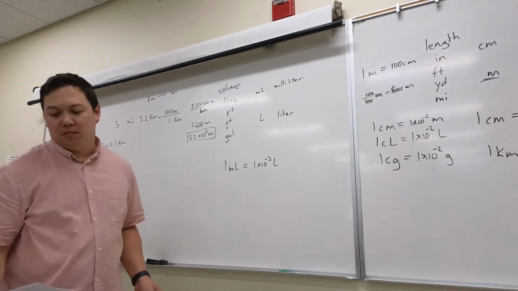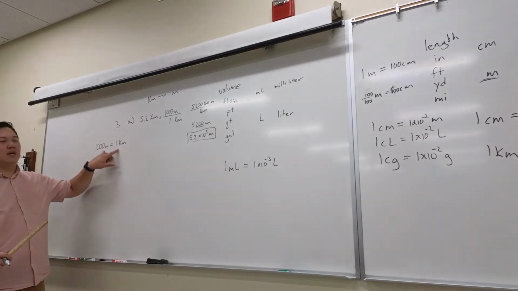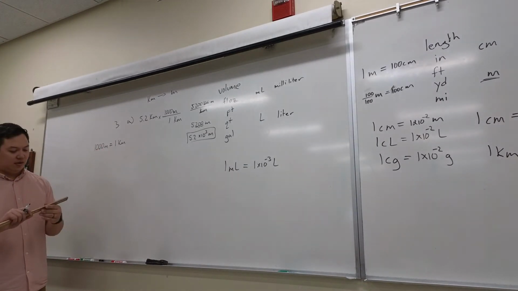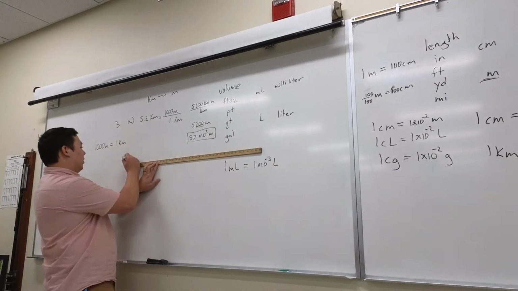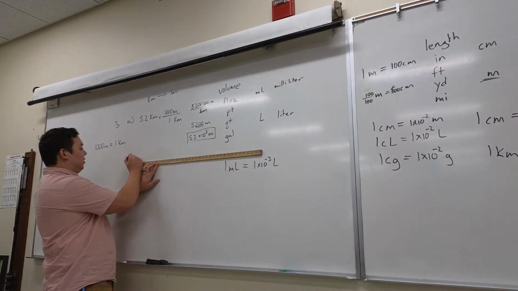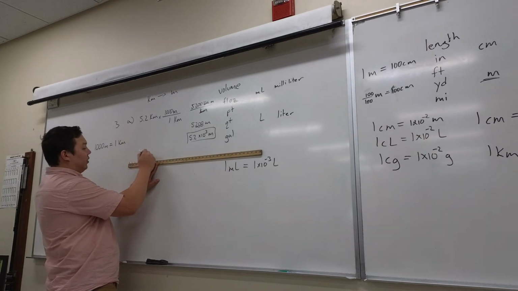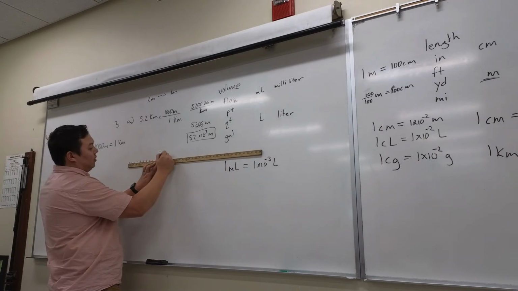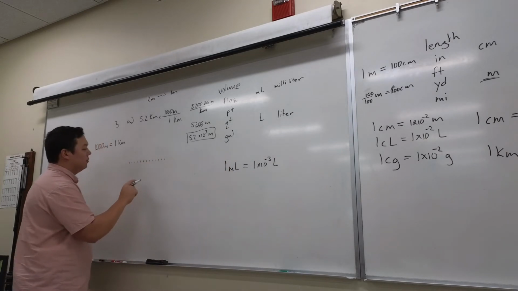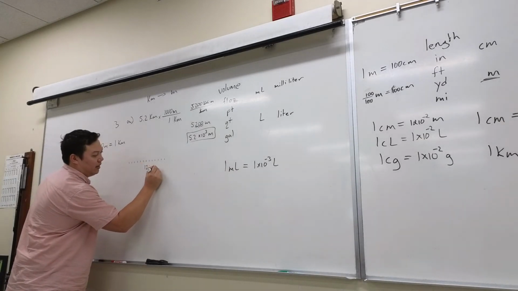Nice. Okay, so just to try and illustrate this concept of this being equal to this a little better, if I take this ruler and put it on the board, this is 0, 1, 2, 3, 4, 5. These are inches, by the way. 6, 8, 9, 12. So that's 12 inches.